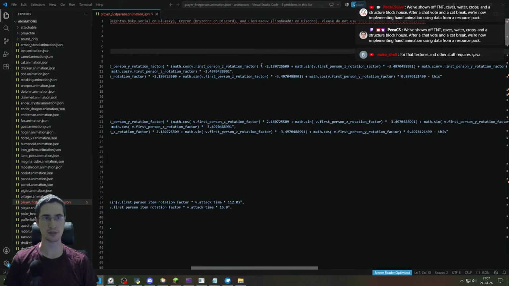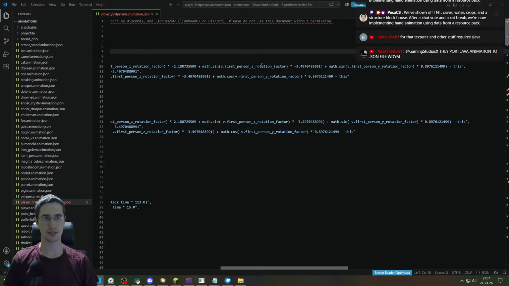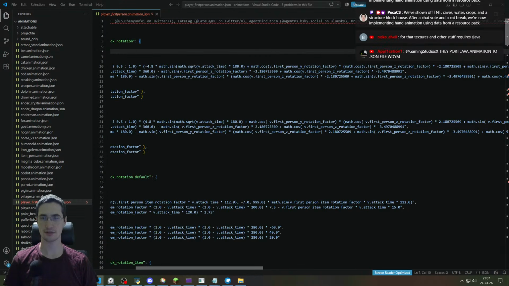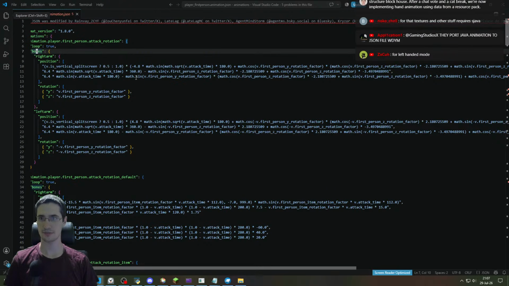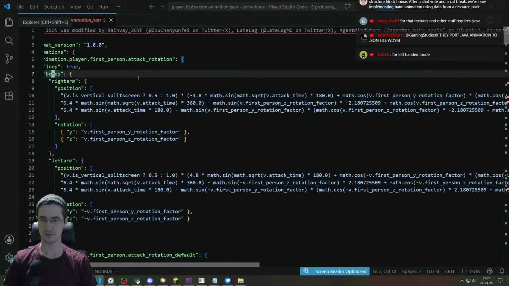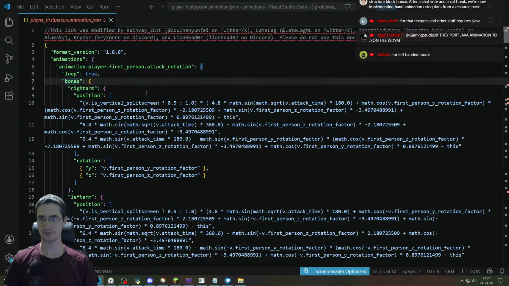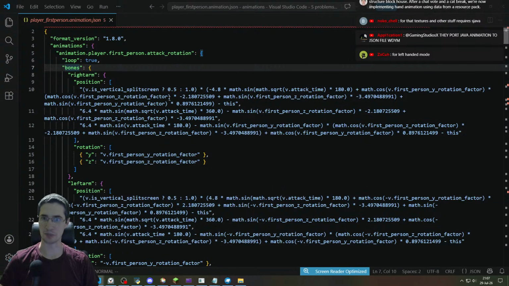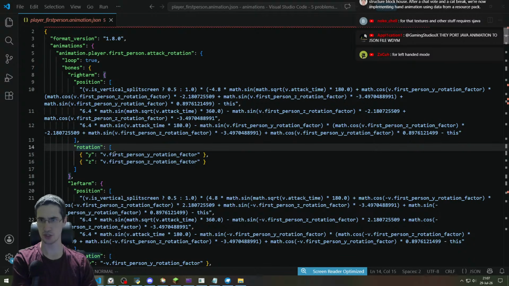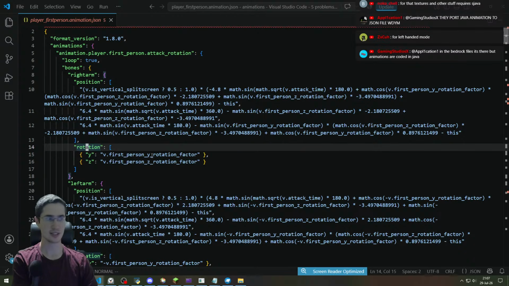They don't use keyframes, chat. And look at how big the function is. So they just modify the position. The rotation is first person Y rotation factor. I don't know what this is. This may not be of help.